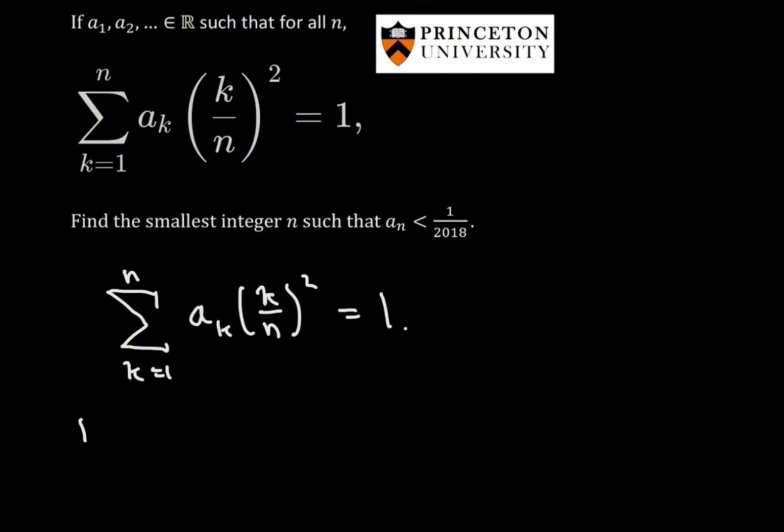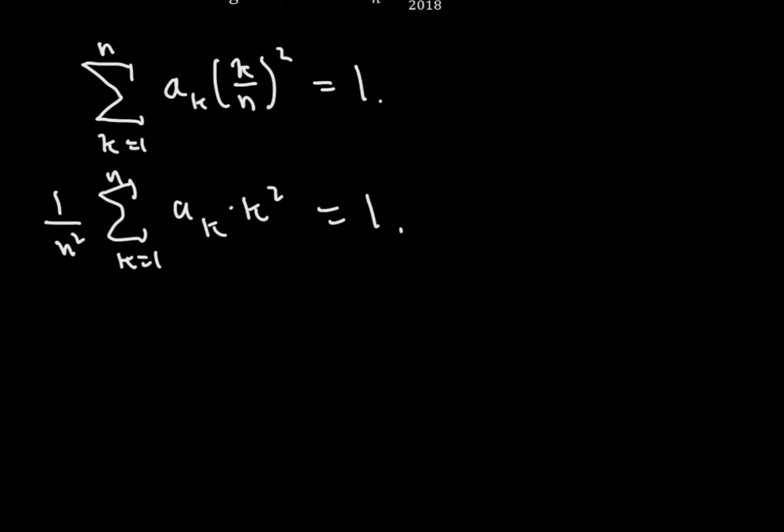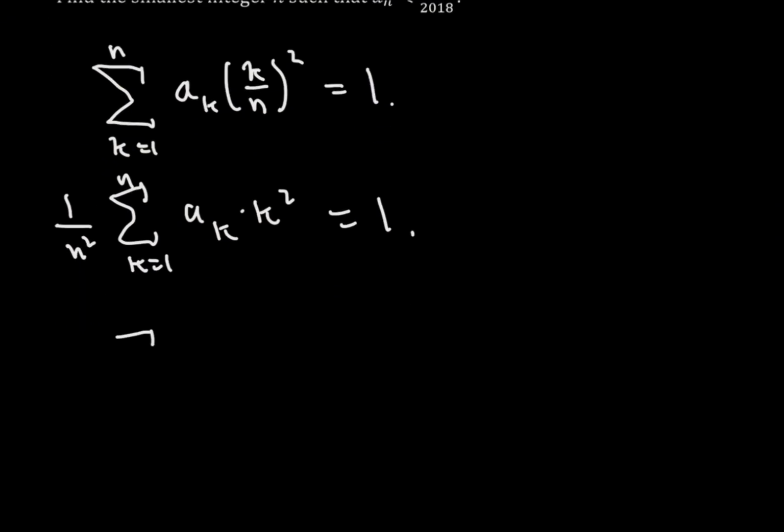This gives that 1 over n squared times the sum from k equals 1 to n of a sub k times k squared is equal to 1. We can multiply both sides by n squared, which gives that the sum from k equals 1 to n of a sub k times k squared is equal to n squared.